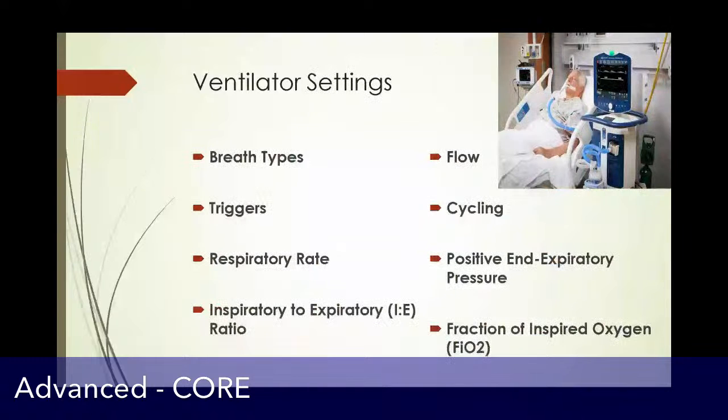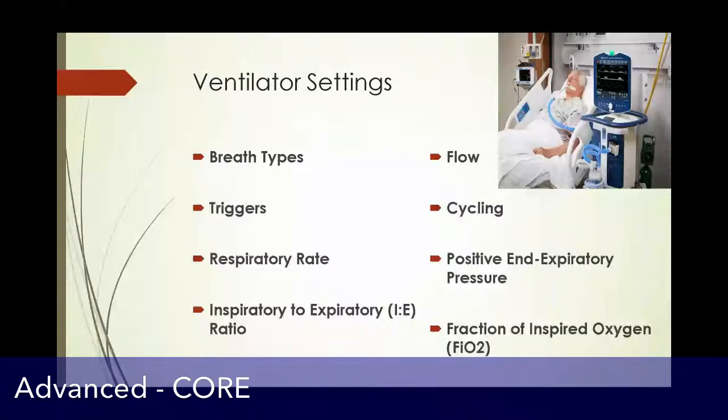There are 8 large categories of ventilator settings. Some of these are pre-programmed into most modern ventilator systems. The first is your breath type. The second is the trigger, what makes the ventilator go off and start that breath.